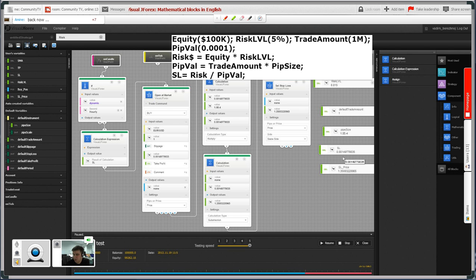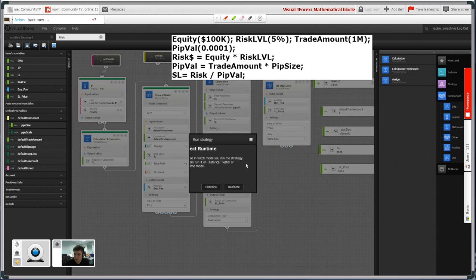The problem is that the stop loss at 1.5 pips closes the position immediately. Let's recalculate. We'll replay on other settings.